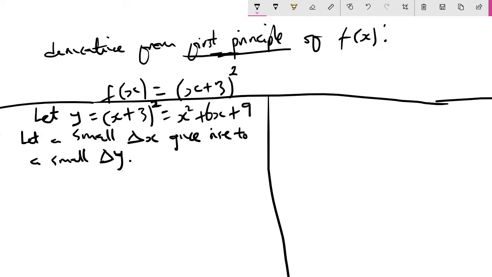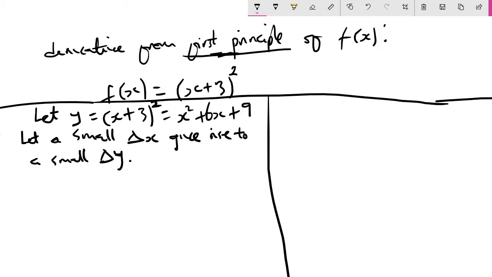This is really one of the main things that make derivative from first principle, this assumption. This is really to test your understanding about how derivatives work. After this, I'm going to show you a straightforward way of finding the differential of this expression without having to go through what we're about to go through. But in order to get full marks, you have to do everything that we are about to do. Okay? Alright. So let a small change in x give rise to a small change in y.